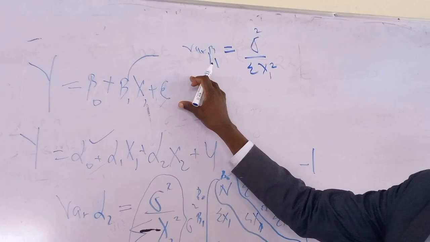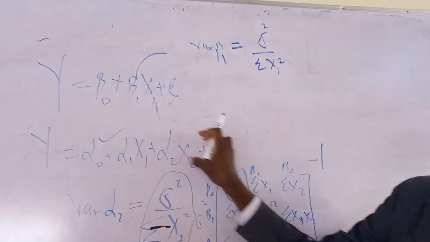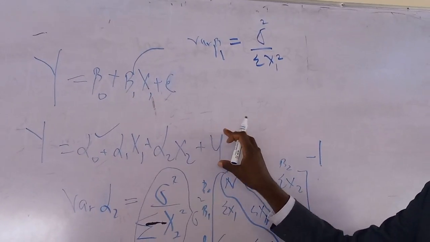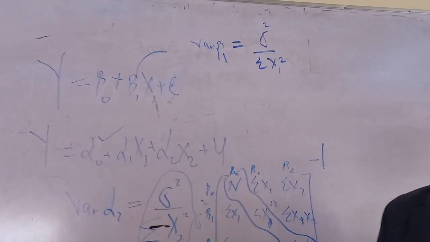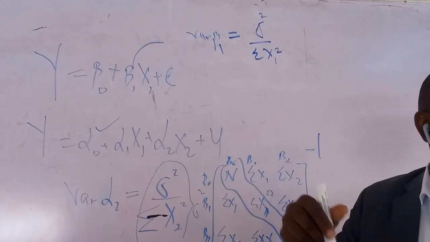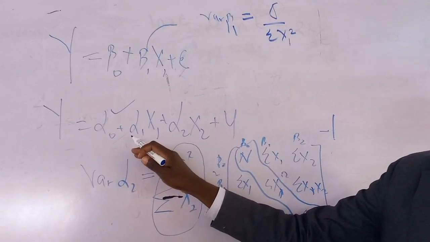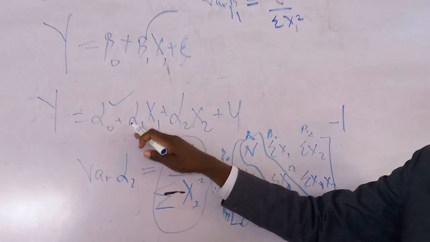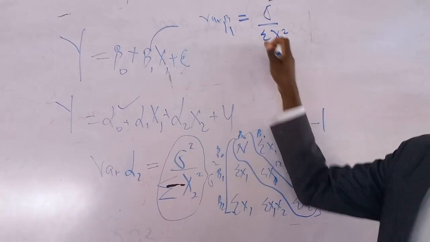But look at the one you have. You've got more explanatory variables. Remember when we were discussing multicollinearity, we said that if you have more variables, then the formula changes.